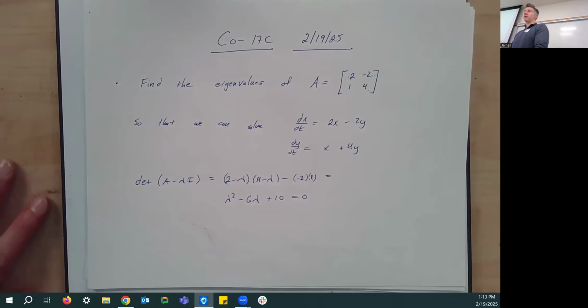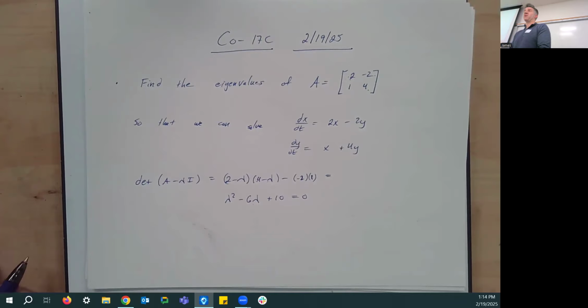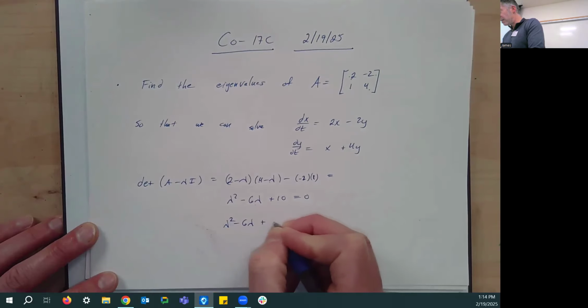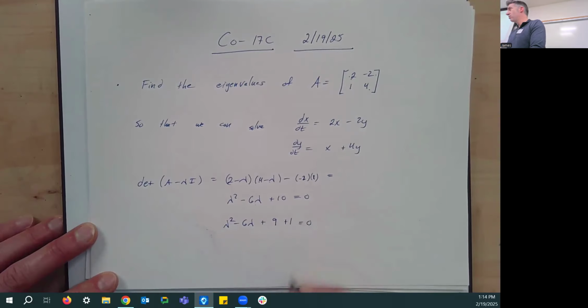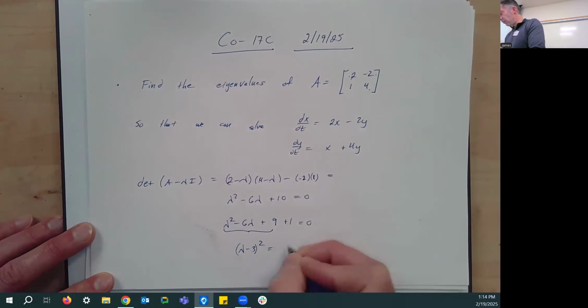But I'm just observing here that since the coefficient of lambda is even, you could do something tricky where you complete the square. And that's not our typical way of solving this, but to me, it almost feels easier than using the quadratic formula. What I'm saying is you can write this as lambda squared minus 6 lambda plus 9 plus 1 equal to 0. And then this right here is going to be lambda minus 3 quantity squared equals -1.